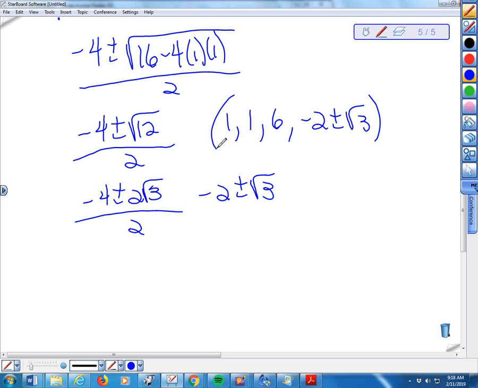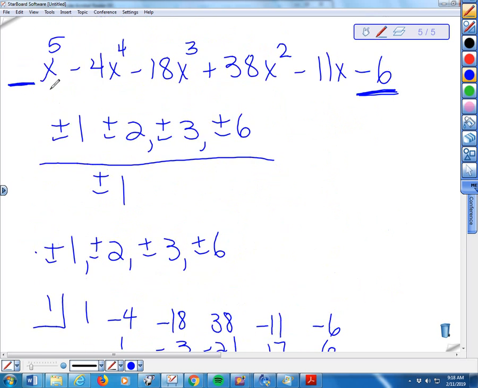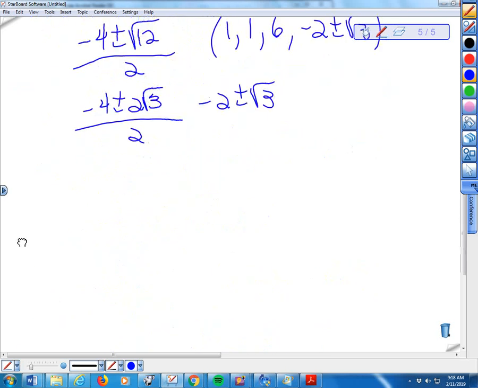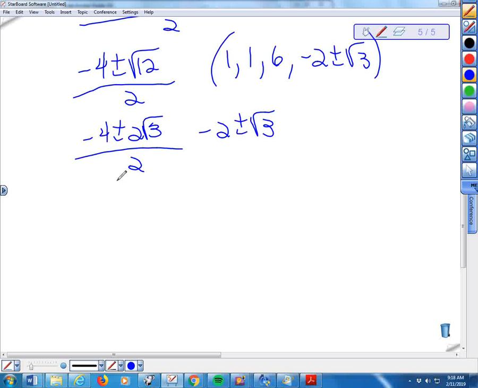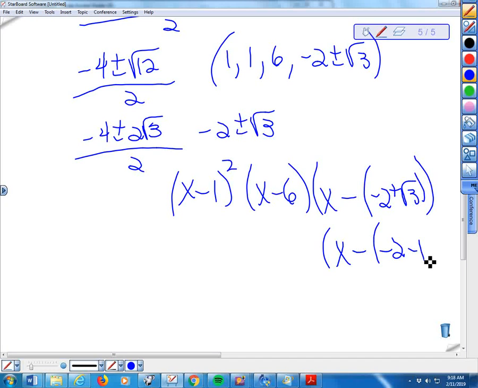I have 5 zeros. My problem was an x to the 5th problem, so you're going to have 5 zeros because that's the degree. If I want to write these as factors, this is x minus 1 squared times x minus 6 times x minus negative 2 plus the square root of 3 and times x minus negative 2 minus the square root of 3.